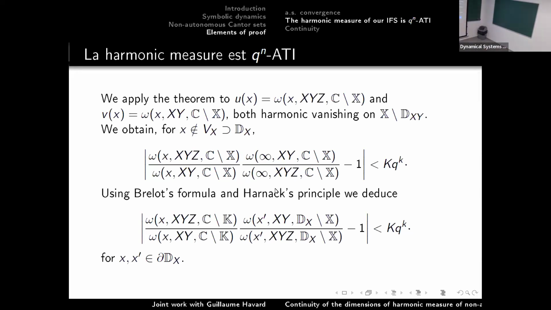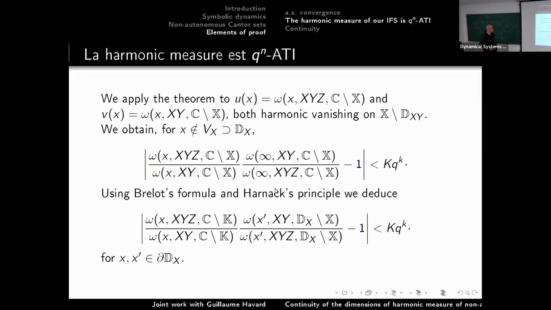To fix ideas, take this guy to be XYZ and this guy to be XY. Then you have a first annulus here and a second annulus here, and others follow. So you can reasonably apply the theorem of Carleson-McCarthy-Wolff. This guy stabilizes from far away, and that's the tricky thing.